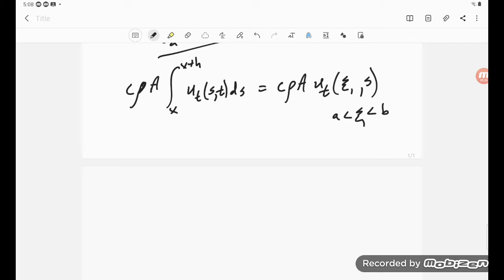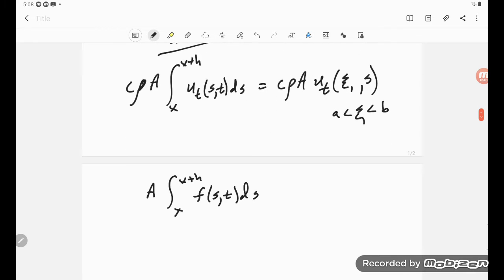Now that was the left-hand side, the rate of change of the total energy. Then on the right-hand side we had an integral, and that was the heat generated, and that was A times the integral from x to x plus h of f of s and t ds.